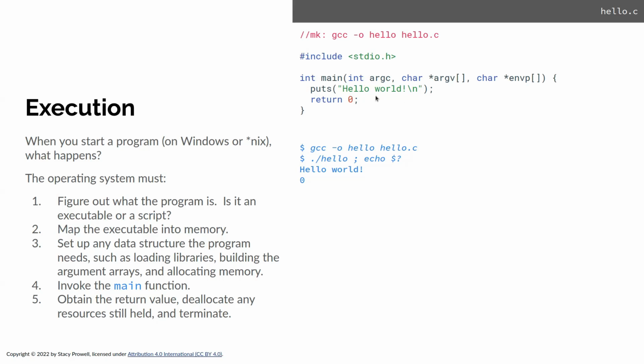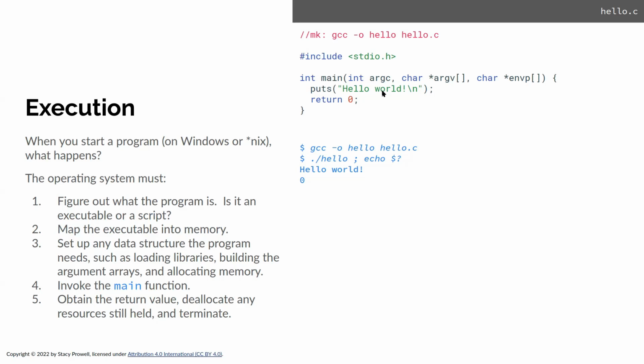This data may get mapped into a page in memory that's not writable and not executable, or it might get, depending upon how things are done, it might be mapped into the same page as this code, which would be great for me if I'm a malicious person, because then I can put some stuff in the string and run it. But for the most part, we're trying to be good and disciplined in the world and keep our data and our code separate. And so these will get mapped into different areas of memory. Looks like they're all together here, but in reality, this will be mapped somewhere into a read-only data section.